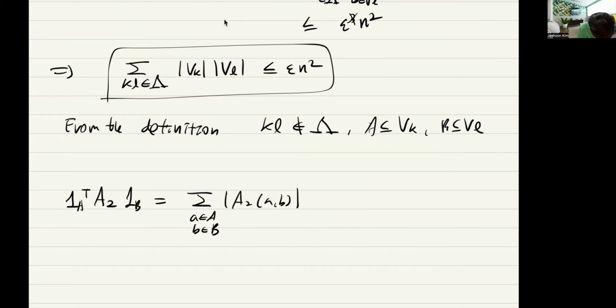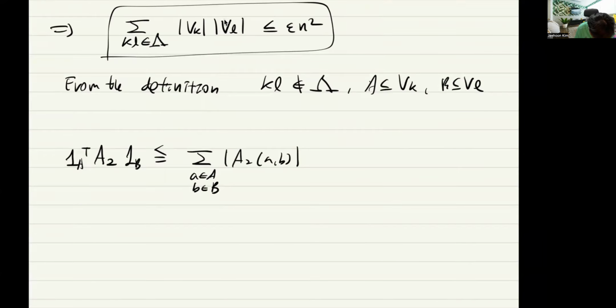You want to add this, and putting this absolute value sign makes it only larger. And here you can use Cauchy-Schwarz.